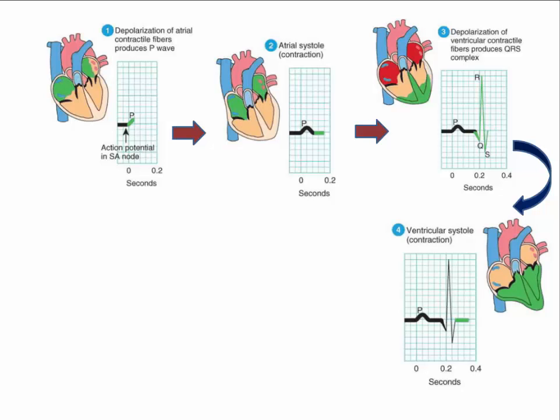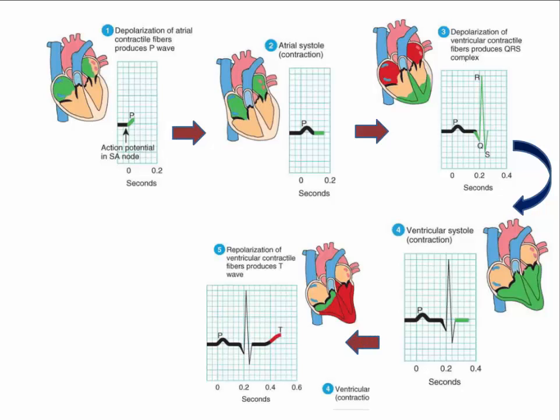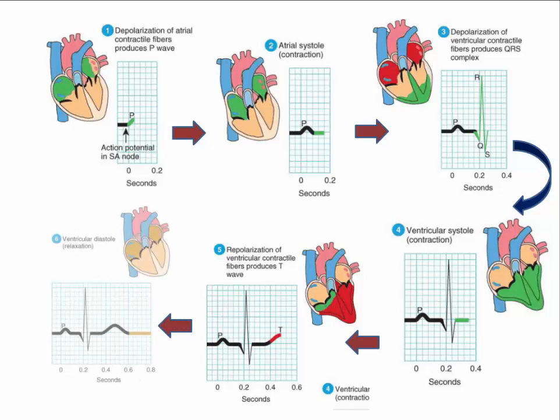Blood is then ejected from the heart into circulation, and the repolarization of the ventricular contractile fibers is going to produce the T wave of the ECG. This then brings us to ventricular diastole, which is relaxation of the ventricular contractile fibers. After the P wave begins, the atria will contract, and this is atrial systole.